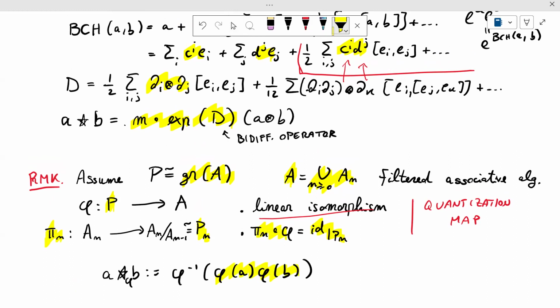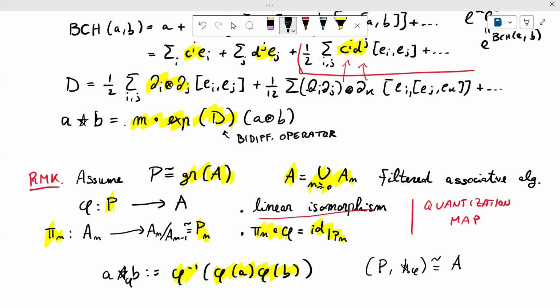So we take a, we take b, we map them to the associative algebra with phi, we compute the product there, whatever it is, and then we pull it back with phi. This will give an associative product, and in particular P with this product here will now be isomorphic to A. So this is a way to produce a graded star product.